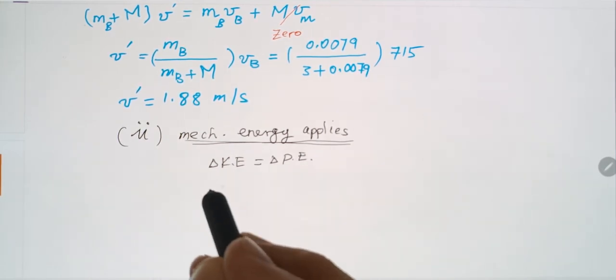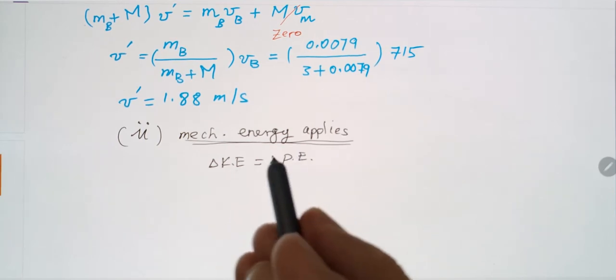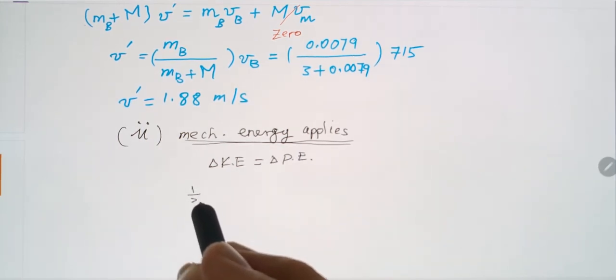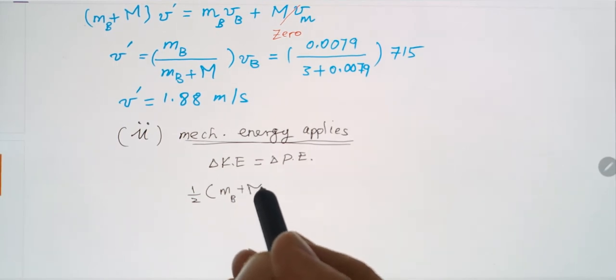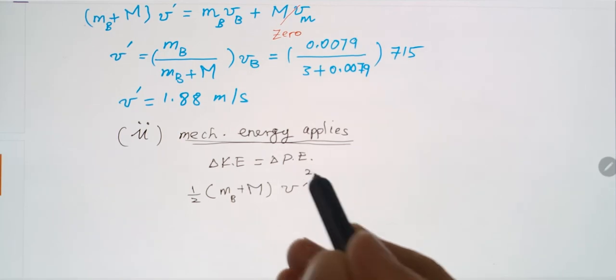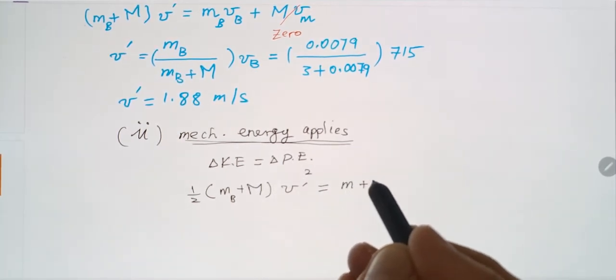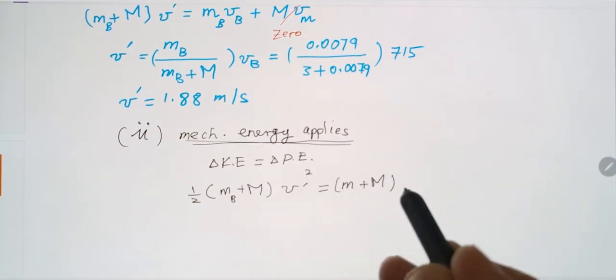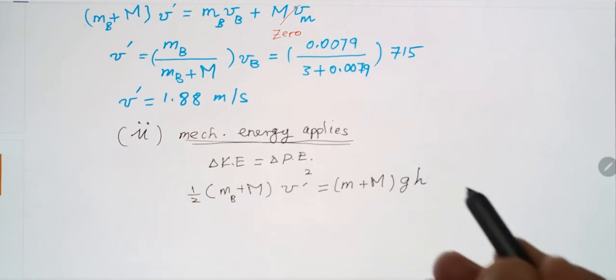Well, the final kinetic energy is 0. The initial kinetic energy is equal to half of (m bullet plus capital M) times V prime squared, and this must equal (m plus M) g h.